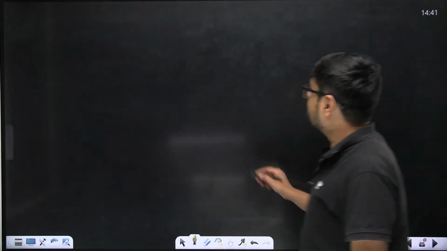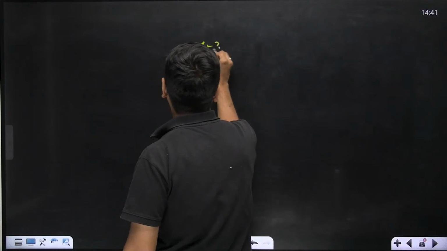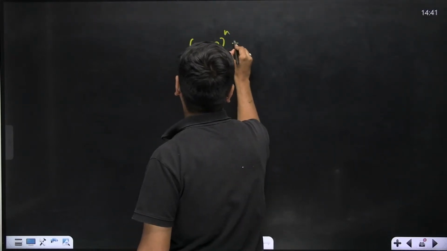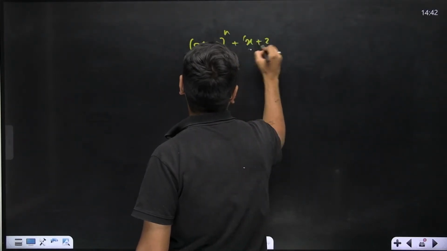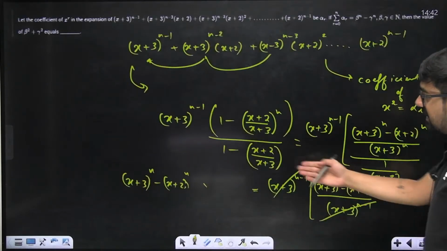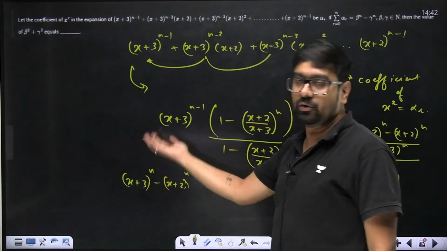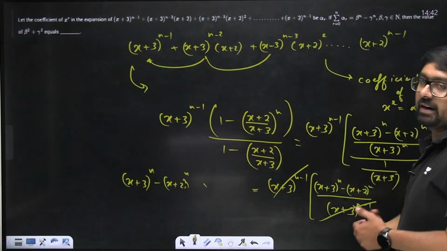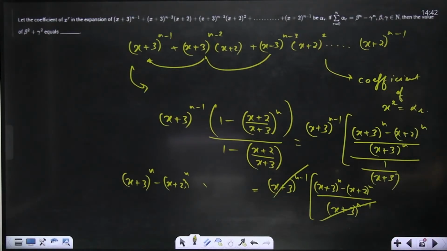Your entire series has become x plus 3 to the power n plus x plus 2 to the power n. Your entire series has just become this. And actually in the starting also when we are expanding, we are getting this only. Correct? And in this alpha and beta, we can simply compare like this.